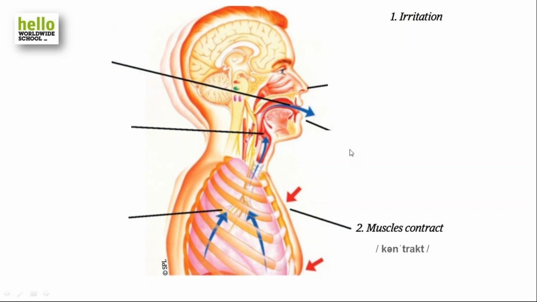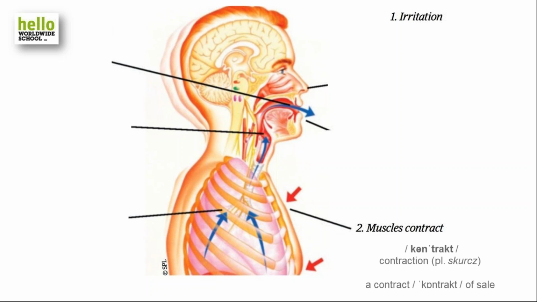Okay, so stage 2. In stage 2, muscles contract. So the brain tells the respiratory muscles, including throat, chest and diaphragm, to contract. Now, this is very interesting from the biological point of view, but I find it also interesting from the language point of view, because we have this word here, contract, right? Is it contract or contract? Well, exactly, right?